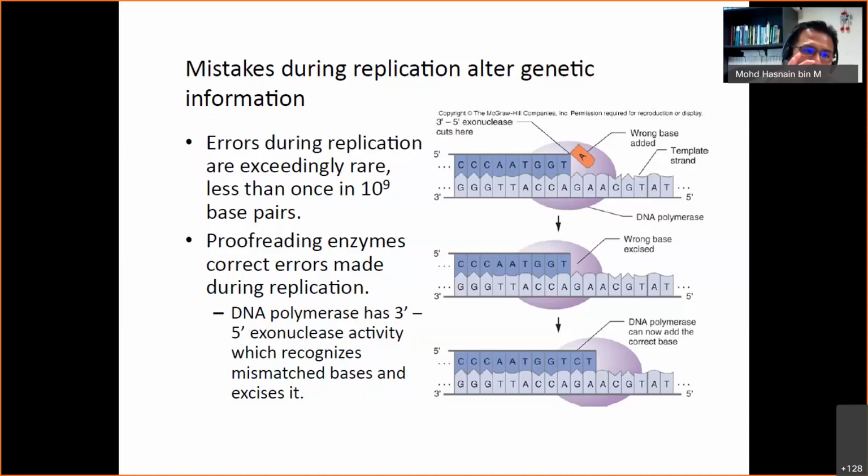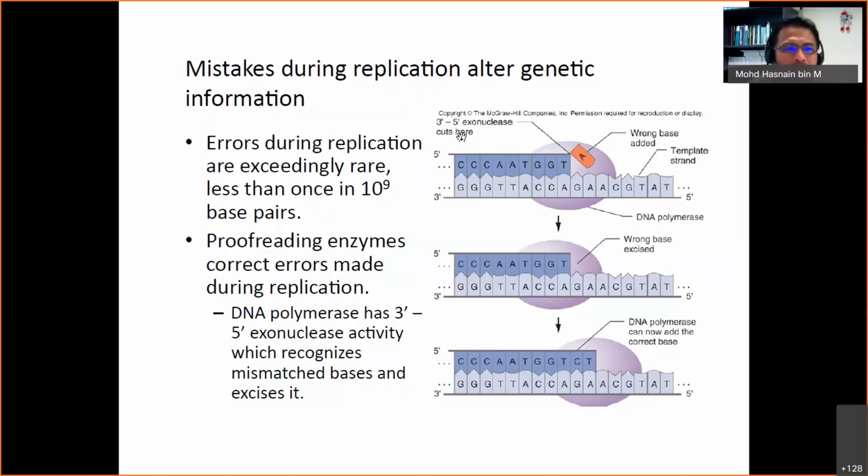Some are only polymerase that can do the same work of adding nucleotides, and at the same time it will reverse if it detects it added the wrong nucleotide. So the one that goes in reverse to remove and replace the wrong insertion, that one is the 3' to 5' exonuclease activity.